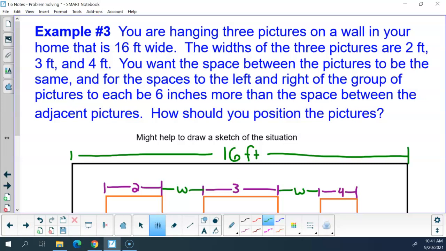I know exactly what they should be. It's W plus 0.5. Why W plus 0.5? Because all of our other measurements are in feet. 6 inches needs to be in feet. So yes, if we had converted everything to inches, then it would be W plus 6. But these both need to be W plus 0.5 or plus 1/2.